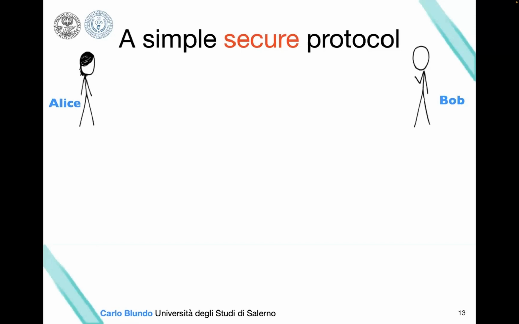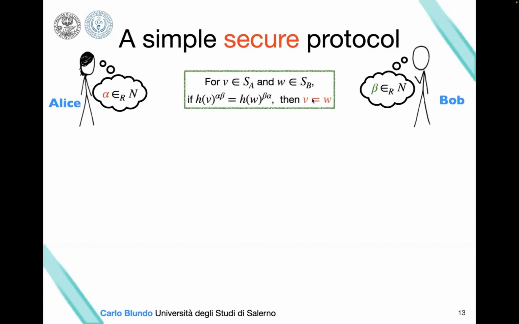We still have Alice and Bob. Alice chooses a value alpha and Bob a value beta. We can consider alpha and beta as a kind of private key for Alice and Bob. And notice what is written in the green box.